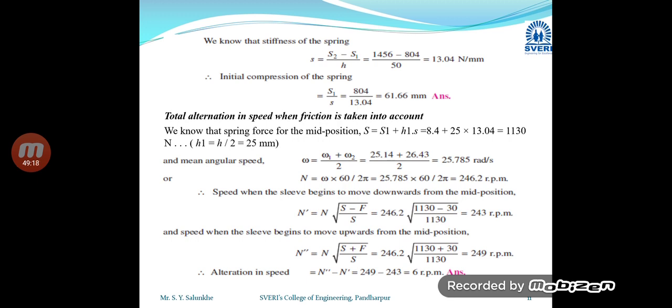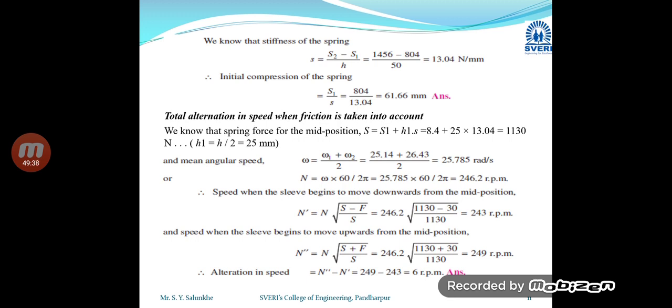Now the mean angular speed we have calculated already as 25.784 radian per second. Hence N can be calculated by considering omega equal to 2 pi N upon 60. N we calculate as 246.2 rpm.